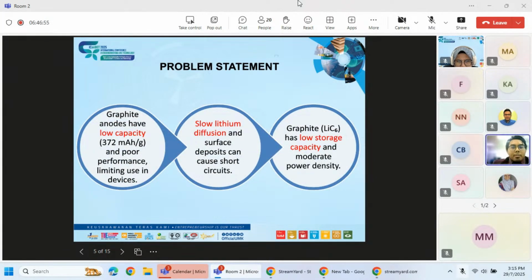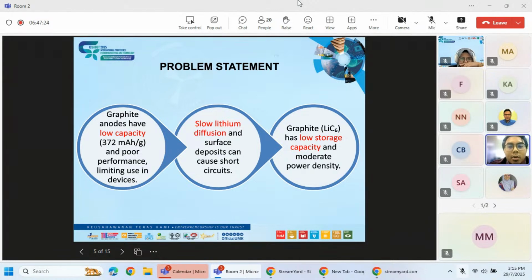So for the problem statement, I mentioned that the graphite anode commonly used in lithium ion batteries faces several performance limitations. They have a low specific capacity, around 372 mAh per gram, which restricts their ability to store large amounts of energy and limits their suitability for high performance devices.